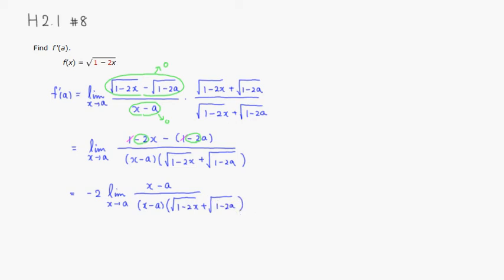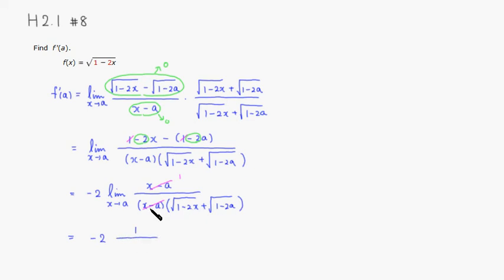Then we can cancel x minus a on the bottom and x minus a on top, so that's going to be 1 on top. Then we can just send x to a. Negative 2 is still there, then you have a 1 on the numerator.